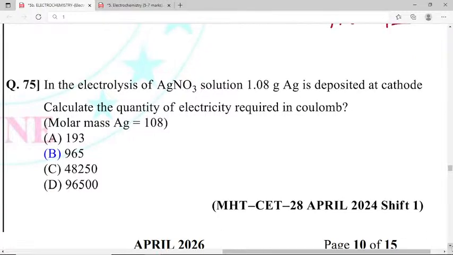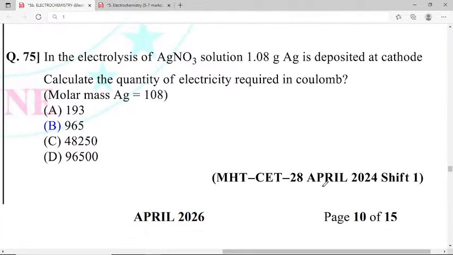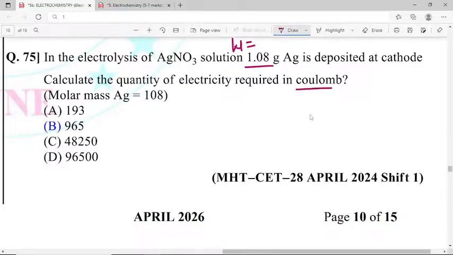In the electrolysis of AgNO3 solution, 108 gram silver is deposited at the cathode. Calculate the quantity of electricity required in coulombs. This is the W actually, W is given here. Molar mass is given.